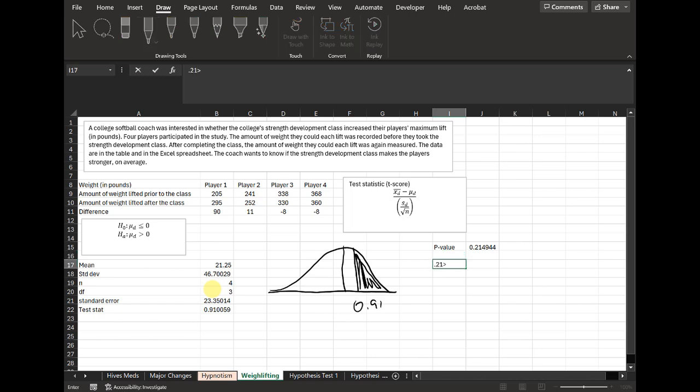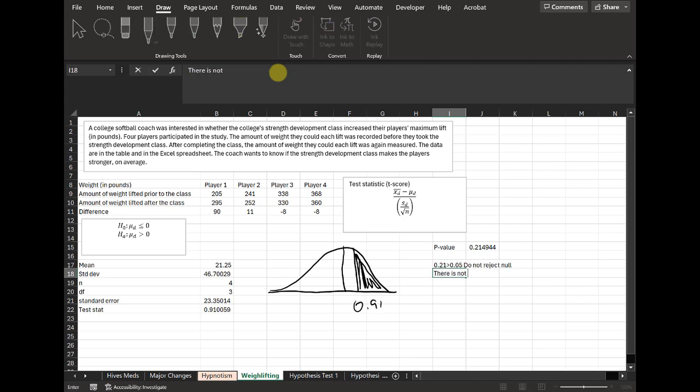So I have 0.21 is greater than 0.05. Now notice in this case, this example does not mention an alpha. When there's no alpha mentioned, we always just assume it's 0.05. So this means we do not reject the null.